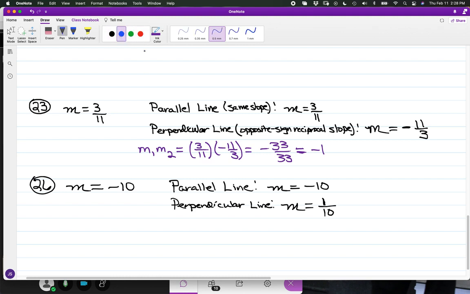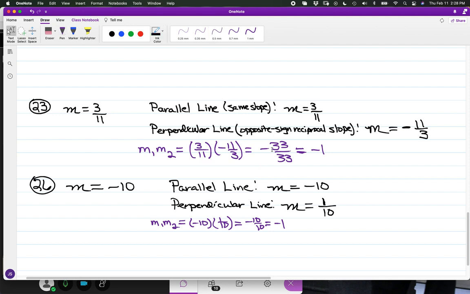And again, with the product of slopes, we have m1 times m2, we have -10 times 1/10, so we have -10/10. Okay, so we have -1.